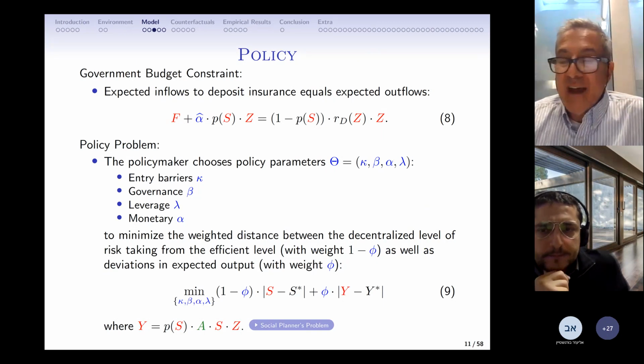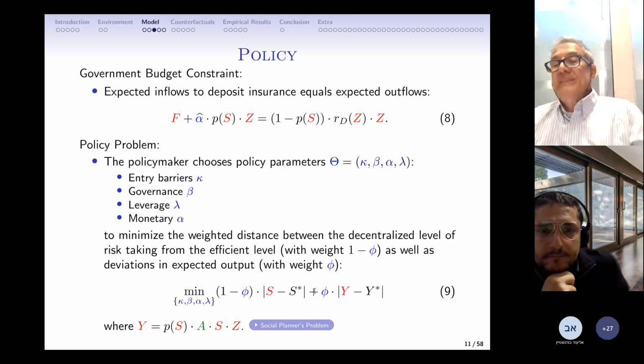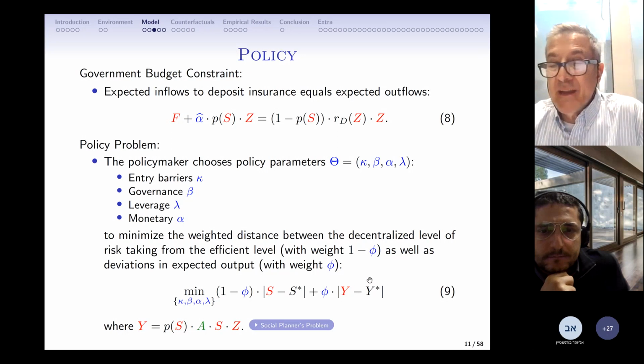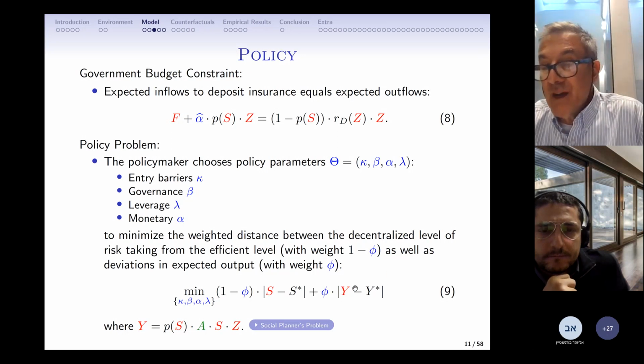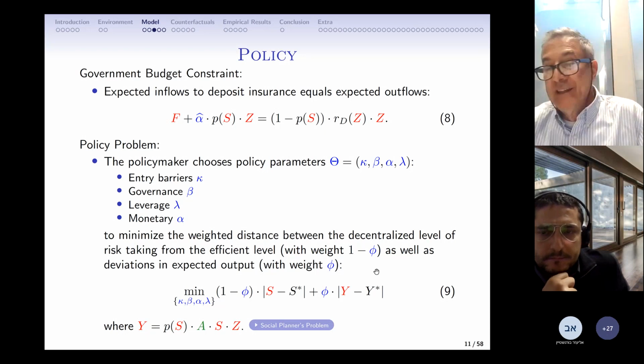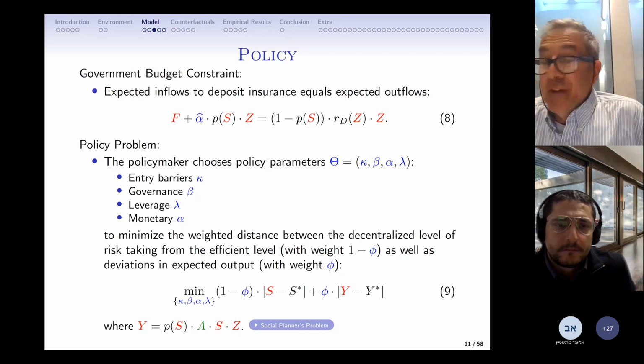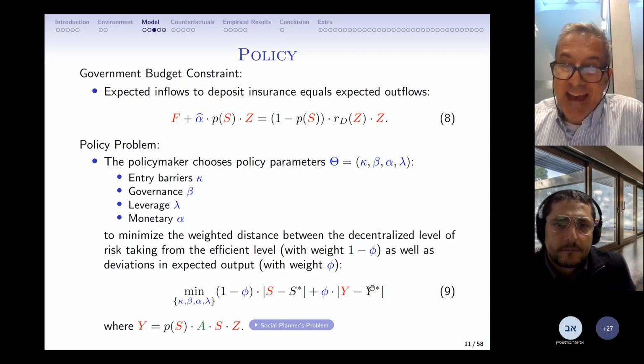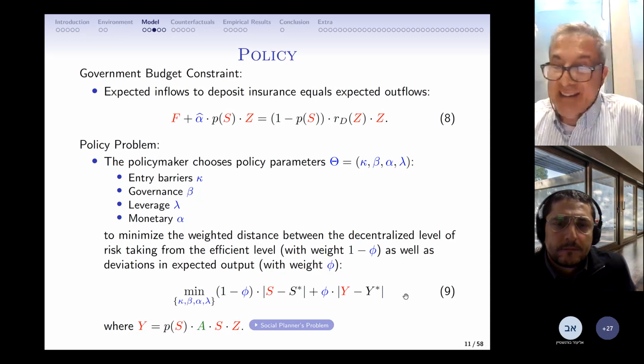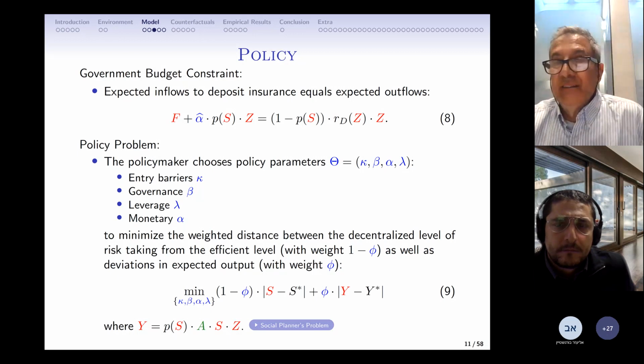So the model is silent about inflation, but you could think of, well, as Y decreases, if you had an ad hoc Phillips curve, you could add that to here. I know that's ad hoc again, but it would get at some of the trade-offs that policymakers have to deal with.